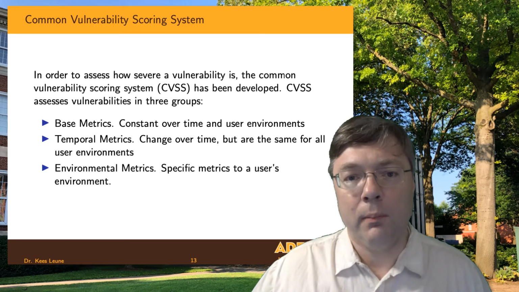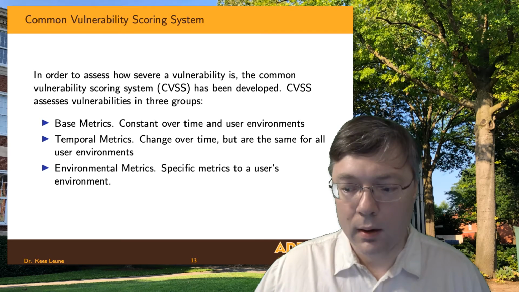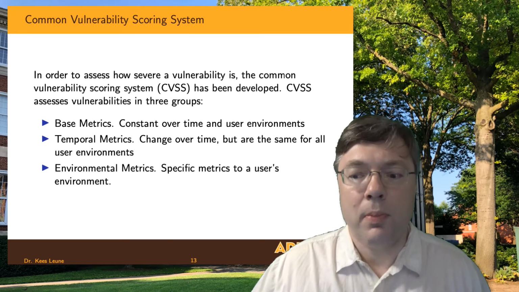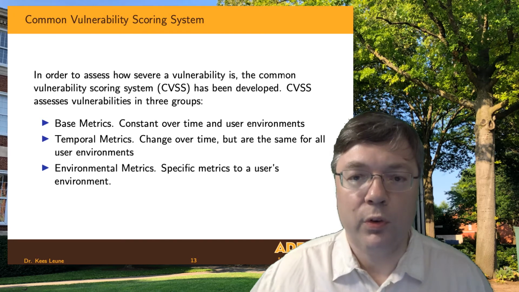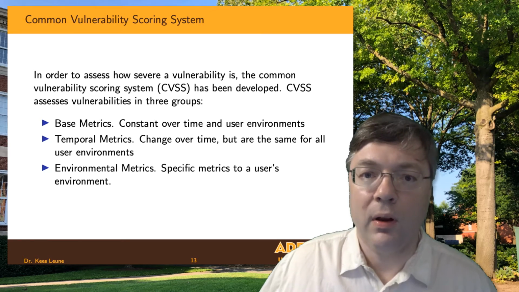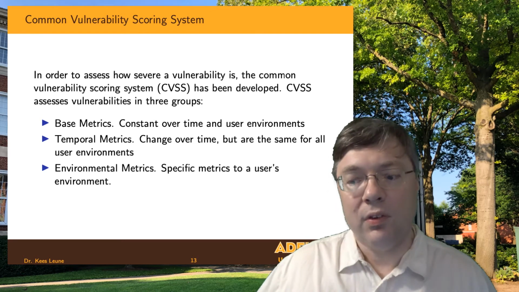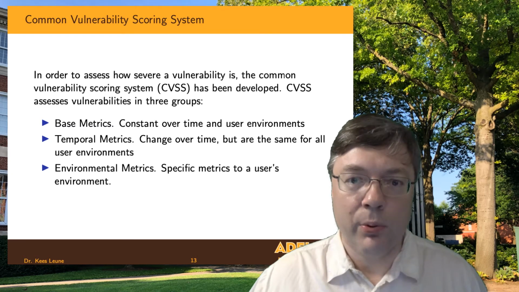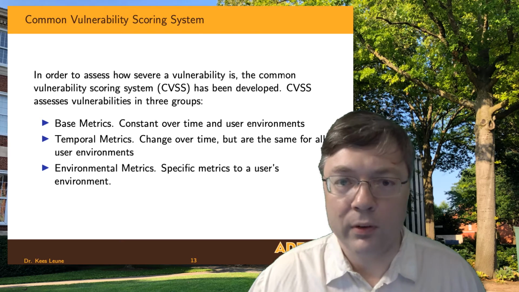In its most basic version, there are 3 dimensions across which we can measure. The first one is the base metrics. The base metrics are measurements of the vulnerability that are constant over time, and that do not change depending on where the vulnerability is located. We have a second and a third category, the temporal and the environmental metrics, that do change. Temporal metrics change with time.